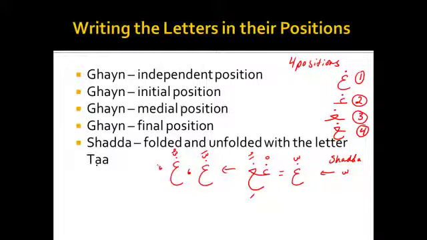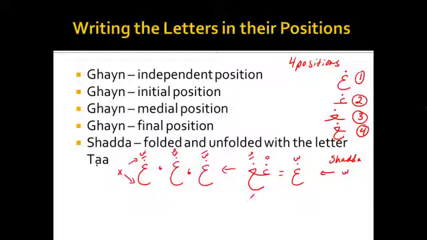And if we have the ghayn with a shadda and a kasra, the kasra will look like that. Notice that the kasra actually sits below the shadda and not below the letter. So that's something to watch out for.